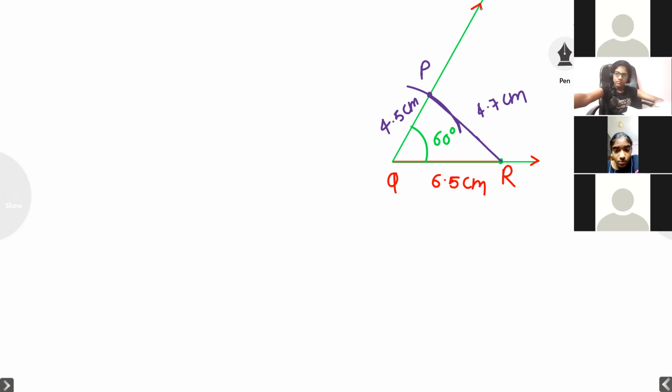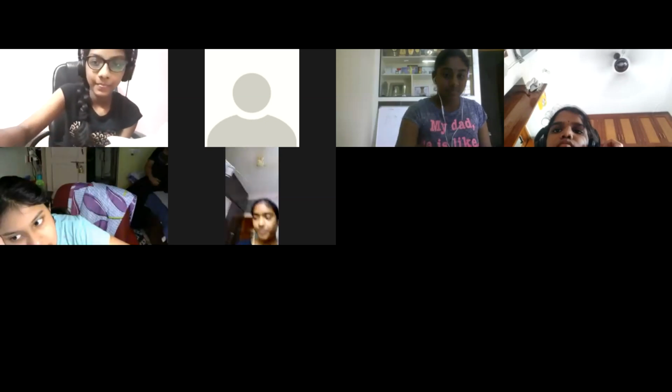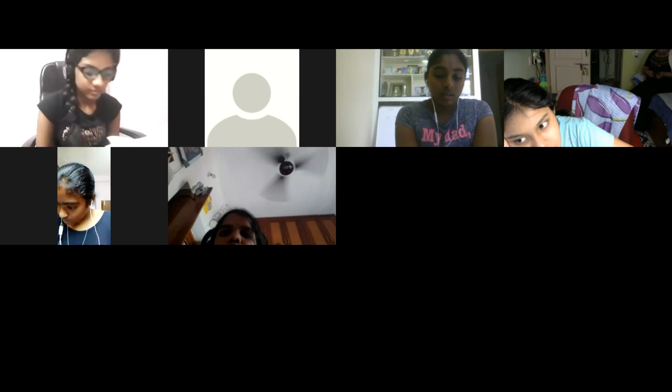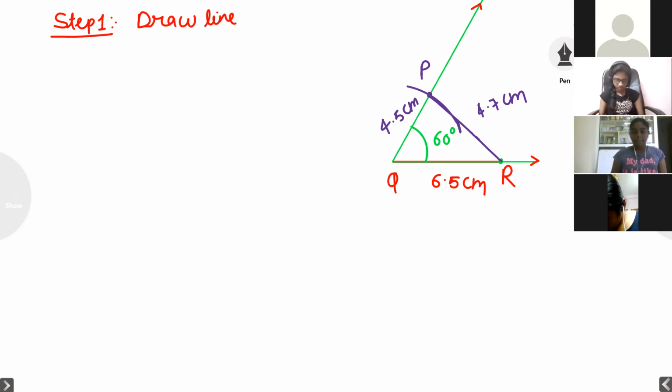Step 1, draw line segment QR equal to 6.5 centimeter.